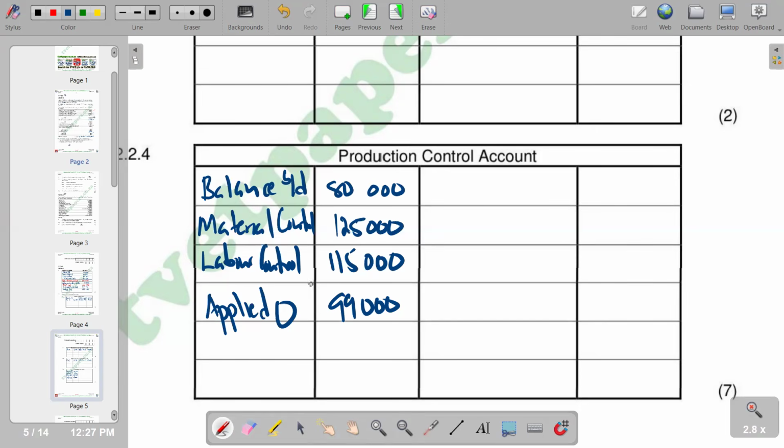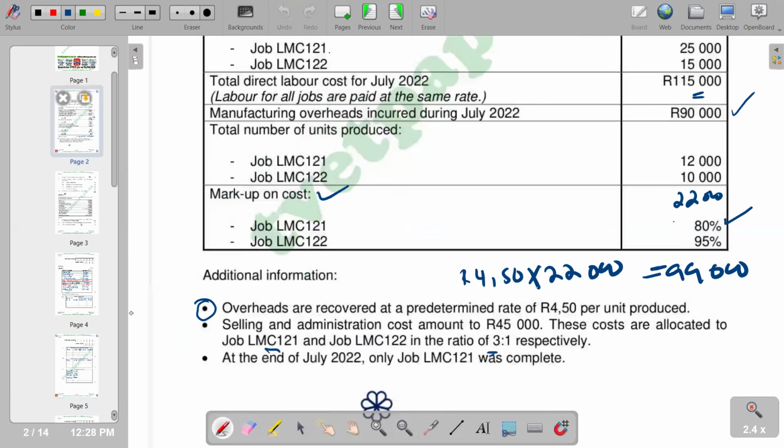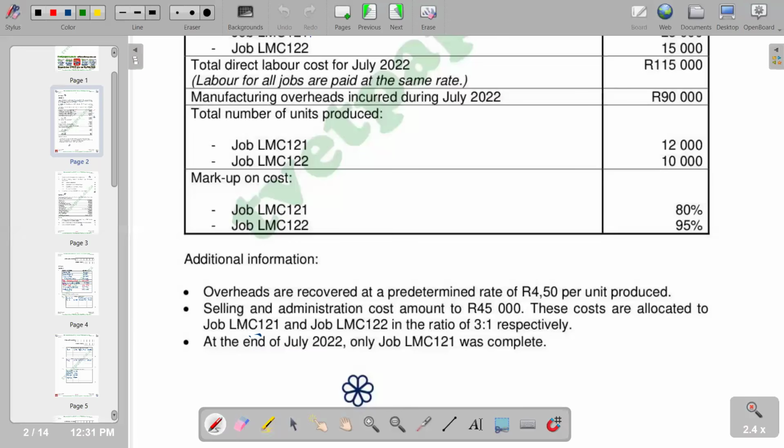Then with that, we check in terms of other entries that need to be done according to the balances that we are given. So we can refer back to the information that we are given in the question. If you come to the last point, it reads at the end of July 2022, only job LMC 121 was complete. So in that case, the total production cost is going to represent the finished goods of job LMC 121. This is the only job that is complete.